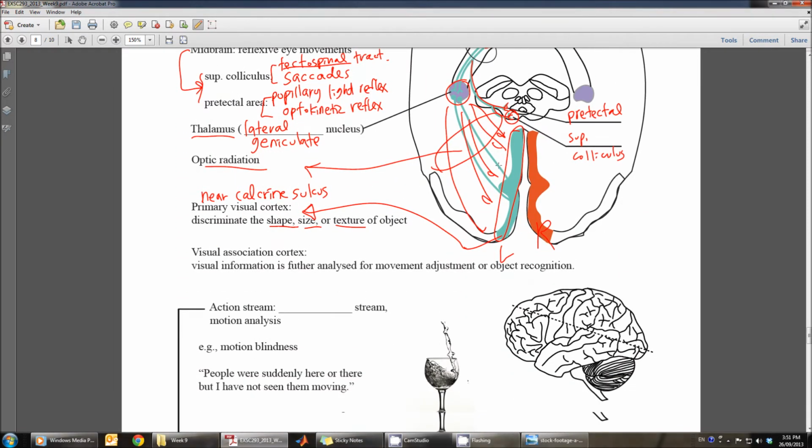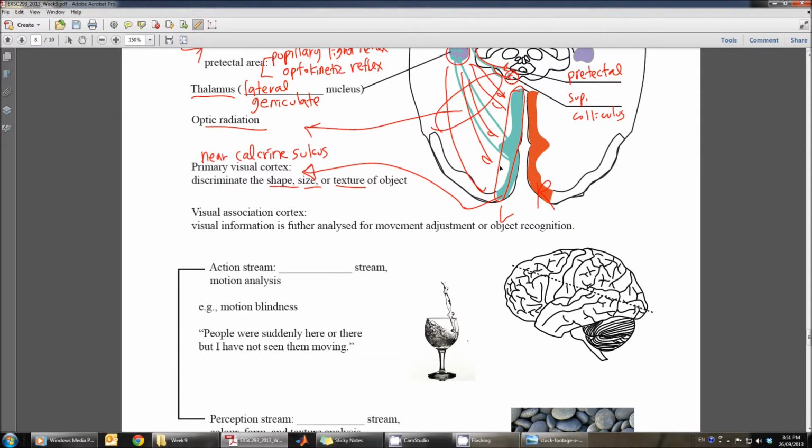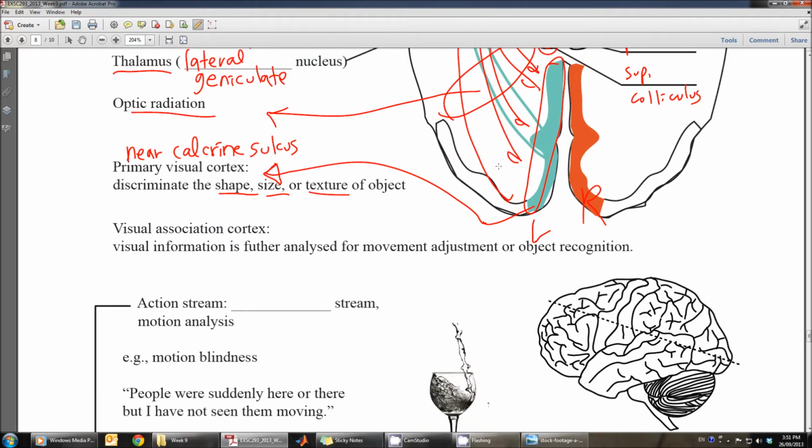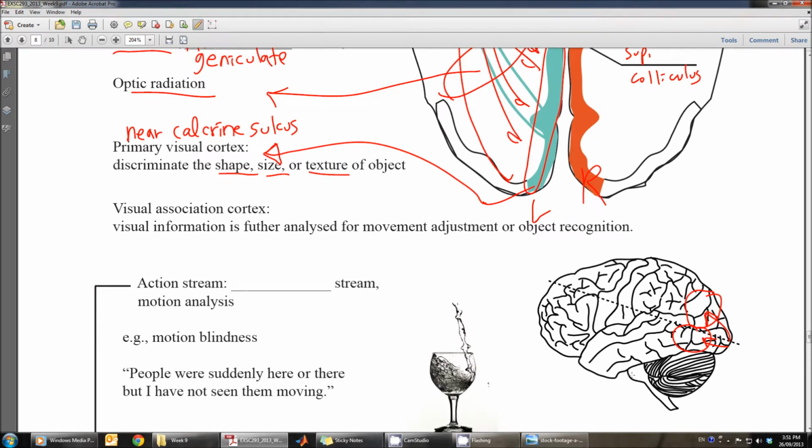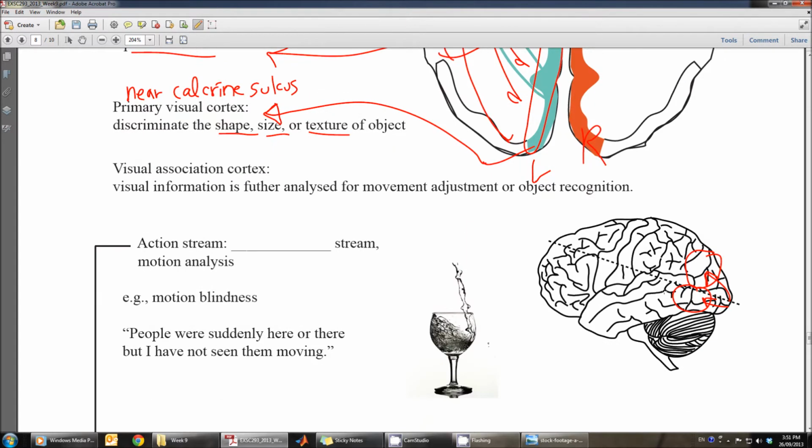And what happens after that? We can process the visual information further to get the meaning of the visual information or recognition of the object we're seeing. So the visual information can go to the association area of the visual cortex. There are two parts of visual association cortex, and one is called dorsal stream, which goes to the dorsal part.